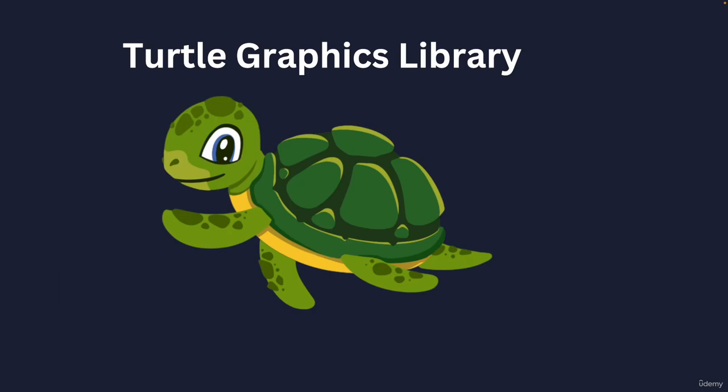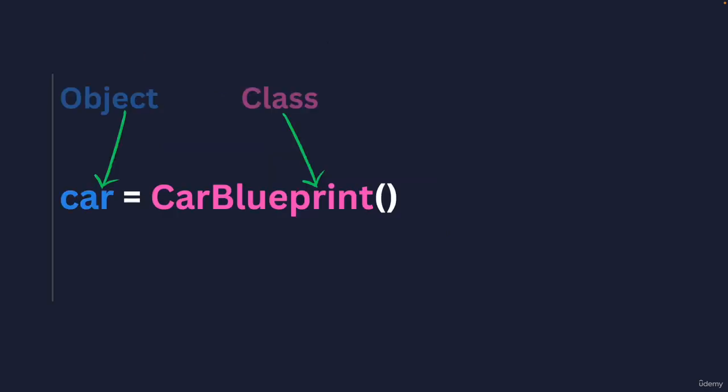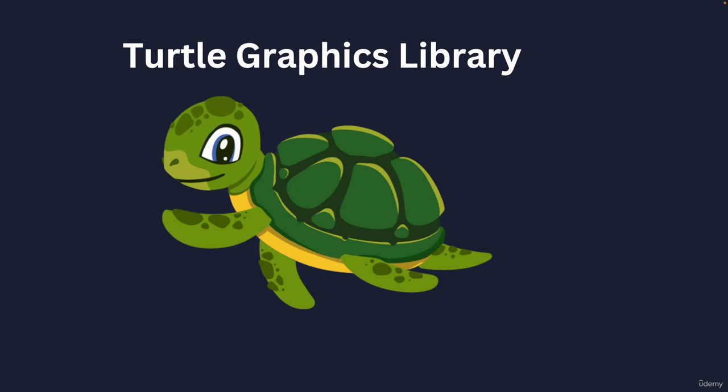Now, what we're going to talk about again is the Turtle graphics library. Now, this is actually a library of code that is included inside Python. So with every install of Python that you have, you are going to have the Turtle graphics library. And the idea with this, which is really cool, is that it's going to allow us to actually create graphics.